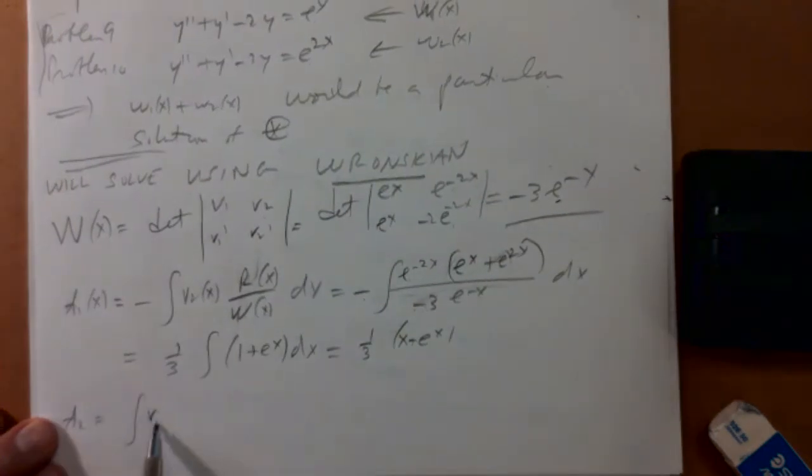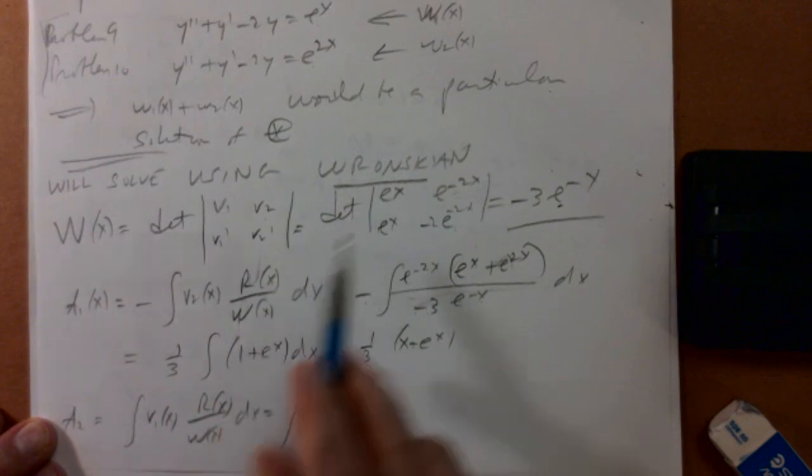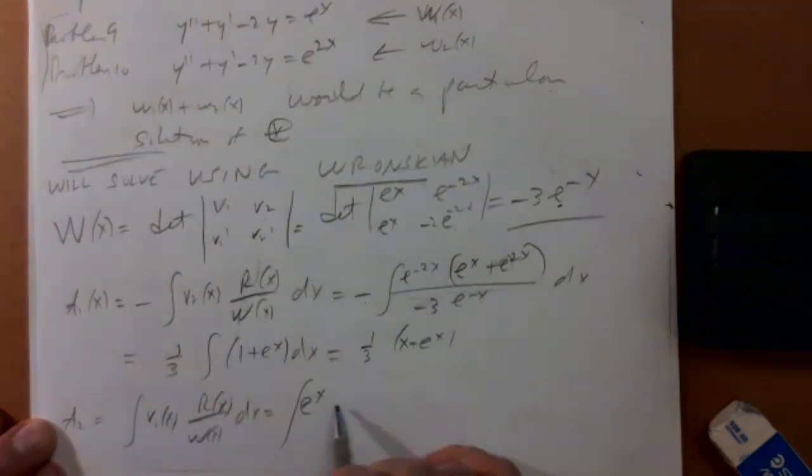T2 is the integral of v1 of x, R of x over W of x, dx. V1 is e to the x. R of x is e to the x plus e to the 2x over W of x, which is minus 3 e to the minus x.